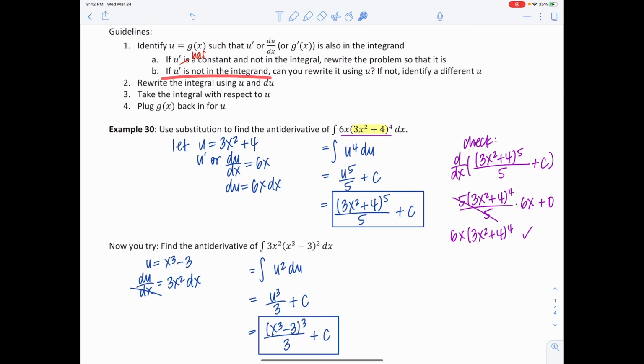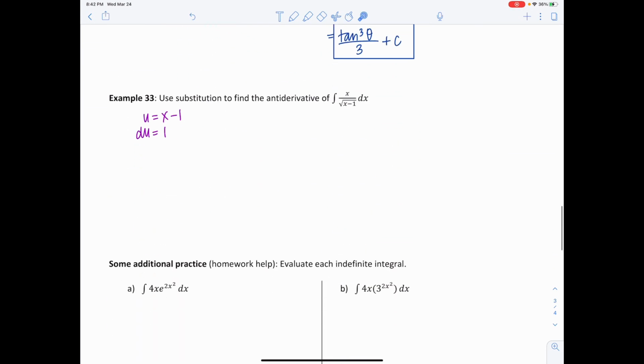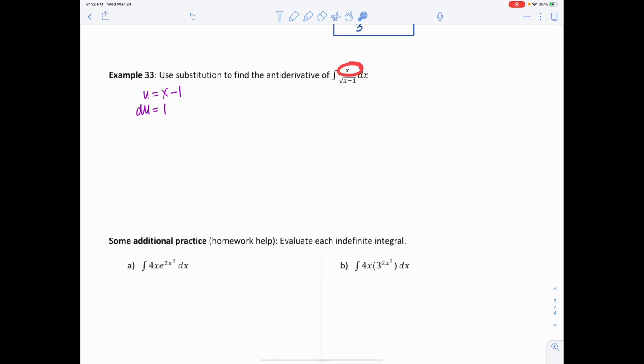If the derivative of u isn't in the integrand and it's not a constant, can we rewrite it using u? So let's go back. So we have this x that's not accounted for. Well, x is the same thing as u plus 1.